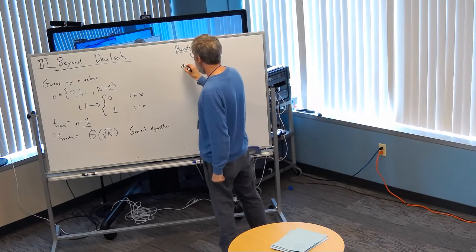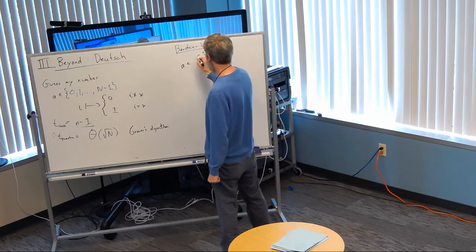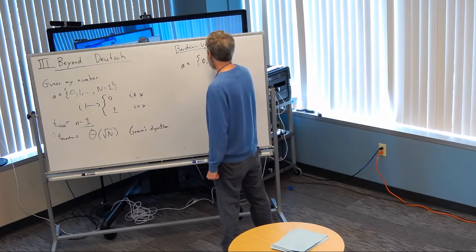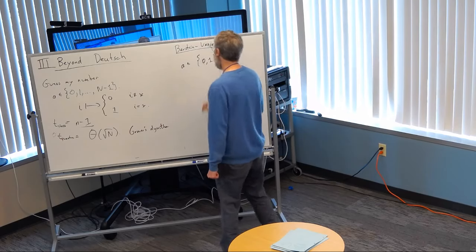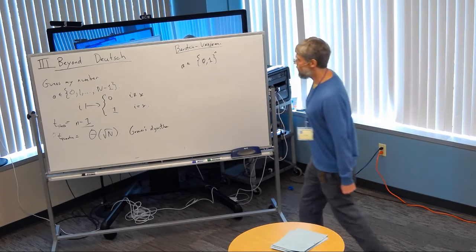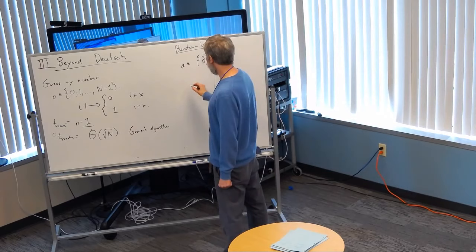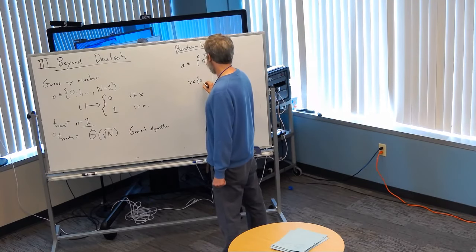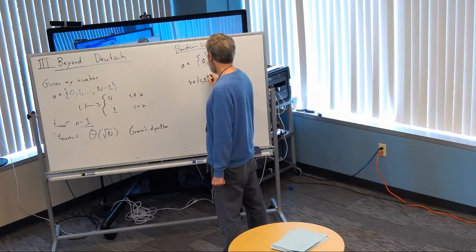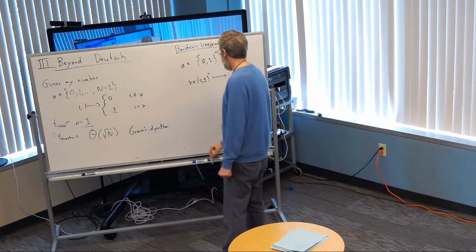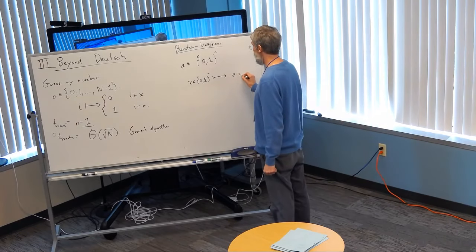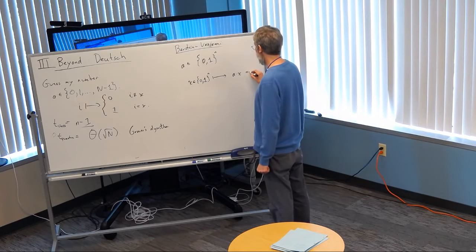In that case, we have a mystery string, a bit string a of length n, and the queries are also bit strings of length n, so let's call it x in 0,1 to the n. And what I tell you is the mod 2 dot product, a dot x mod 2.